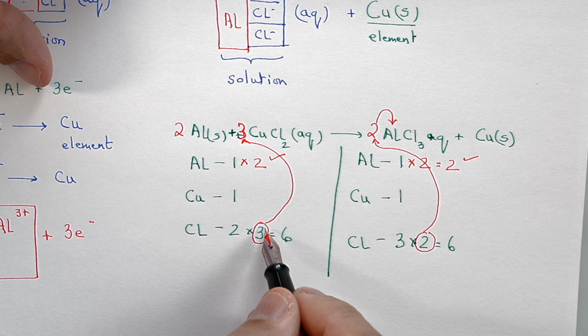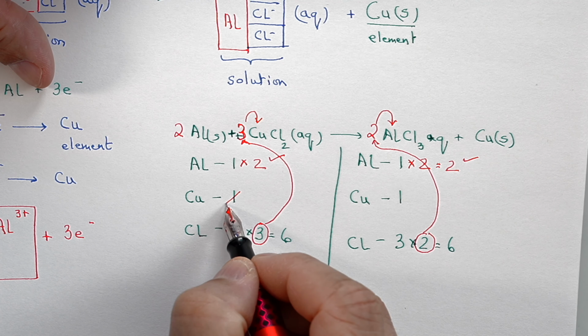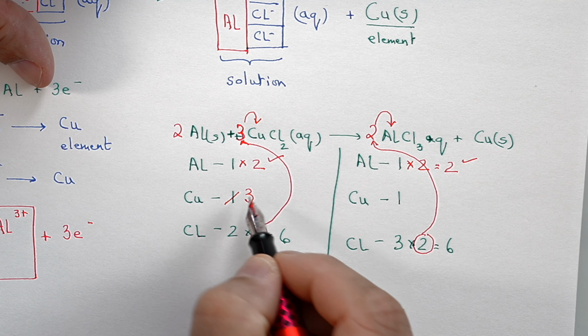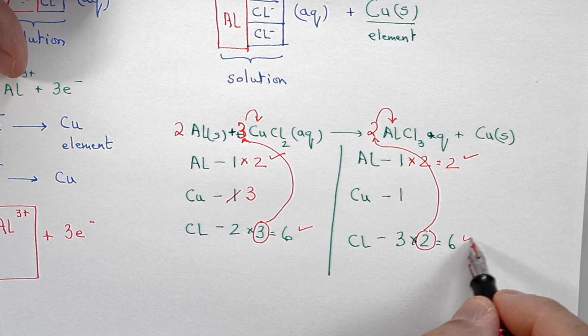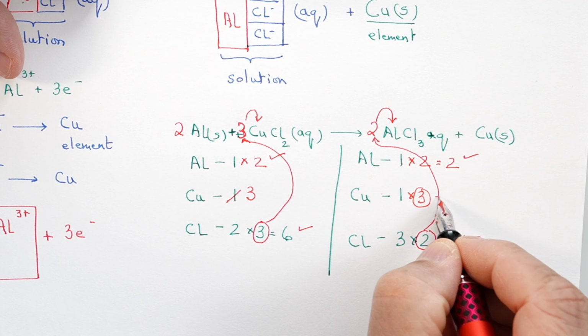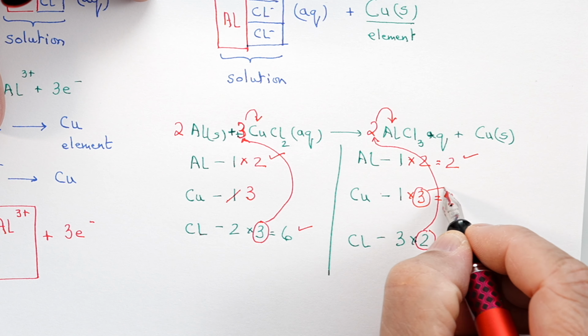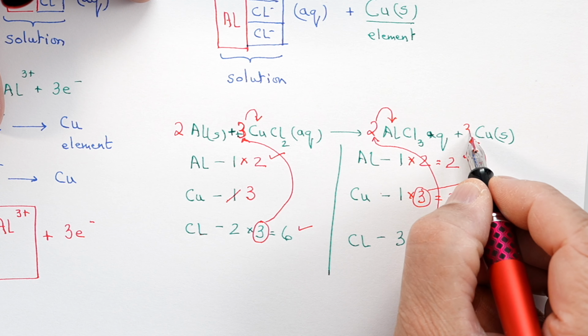And this becomes the coefficient, so the 3 also applies to the copper. We're going to cut that out, write a 3 here. We've got 2, that's balanced, that's balanced. We just need to get the copper to balance, so we're going to multiply this copper by 3, and that's equal to 3. We're going to take this multiplication factor, run it right in front here, bing, bing, done.